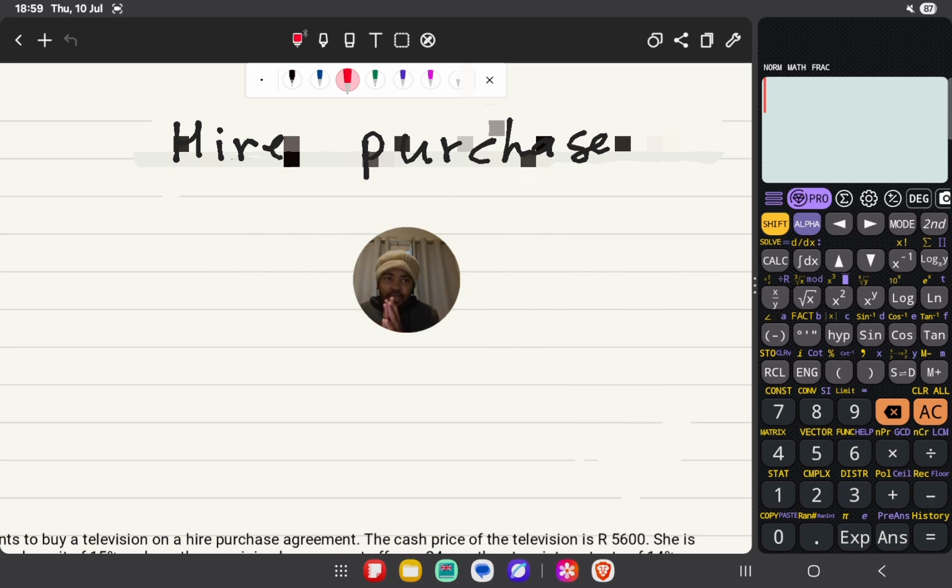If I take my 1,000 rand now and put it somewhere else, it can gain interest, and at the end of month one I will have money above 1,000 rand.